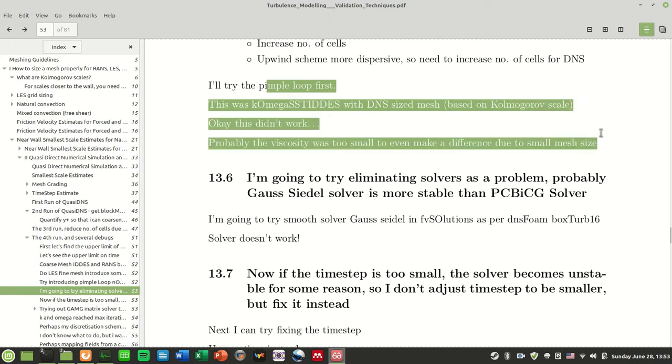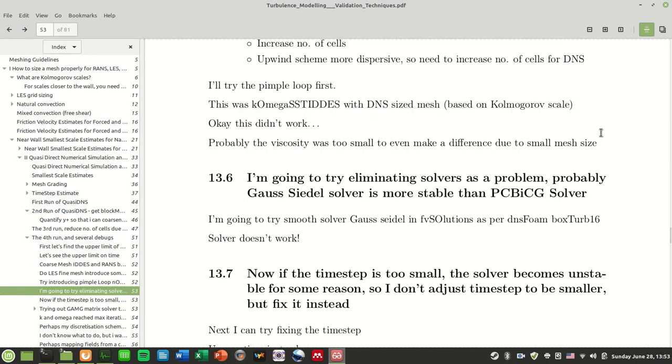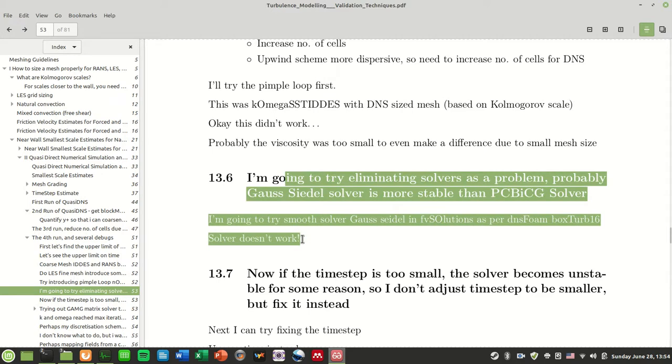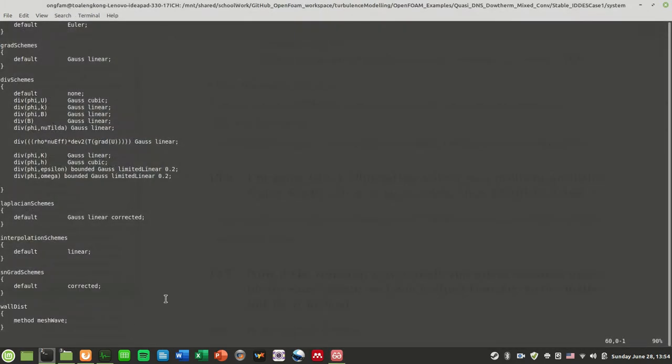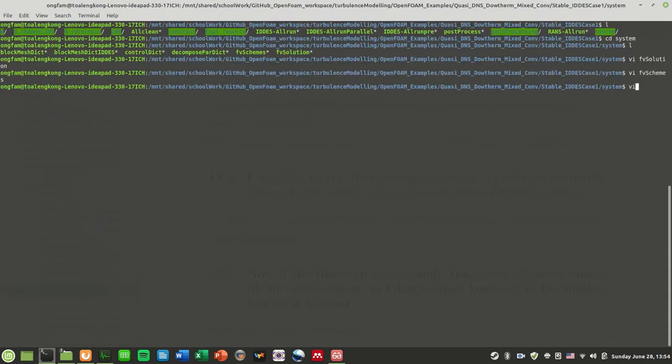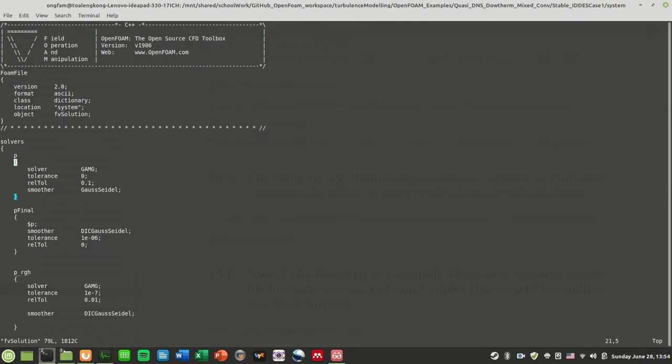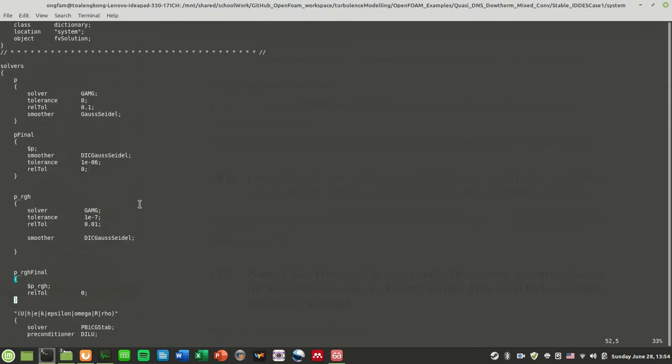I suppose that if your mesh is so small, k-omega SST IDDES actually tends towards DNS, so it just blows up. Another thing I tried was to eliminate the solvers as a problem in fvSolution. The solvers are here in fvSolution, and I tried to change some of these.